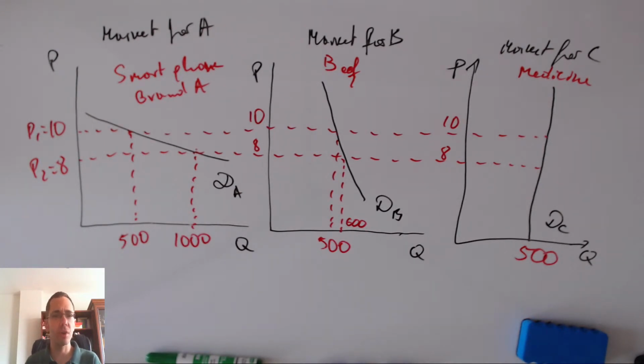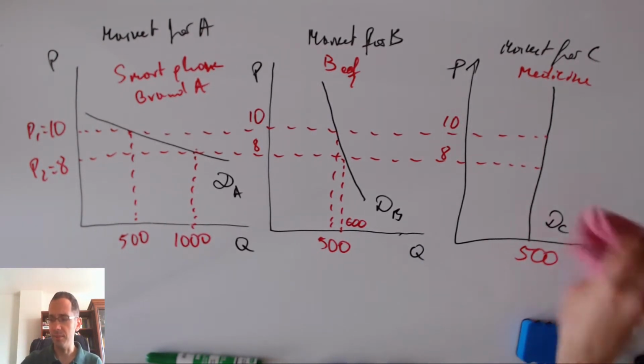How are people going to react to that? And effectively, this is what price elasticity of demand will enable us to do. It will be a tool, an instrument that will allow us to forecast and predict how the quantity demanded will change given that the price has changed. So let's have a look at elasticity.